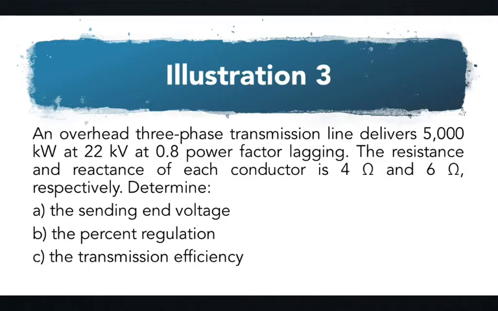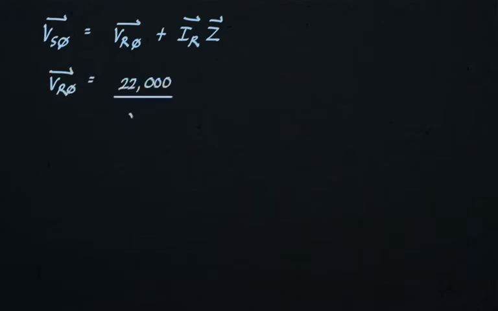So in this case, our Vs is equal to VR plus IR Z, only that our Vs is per phase, VR is per phase, and your Z is also per phase, and then your IR is our line quantity. So VR will be 22,000 over square root of 3, because we need the per phase quantity.